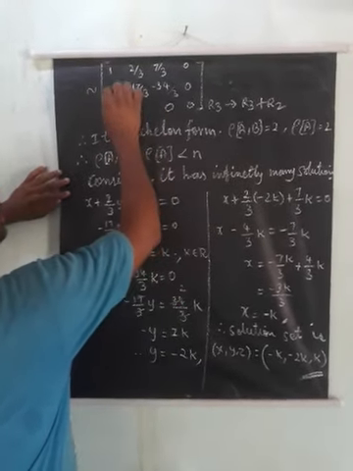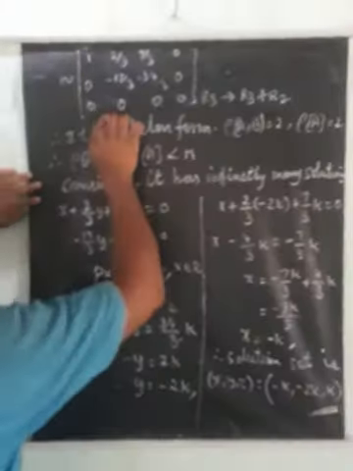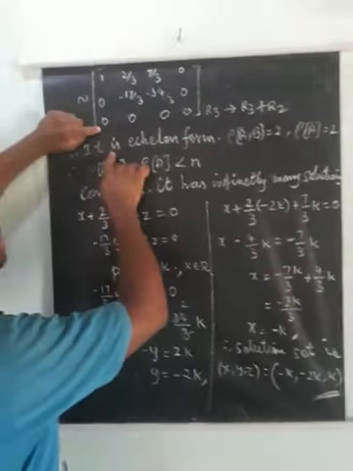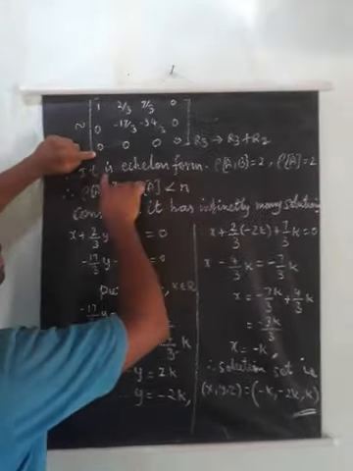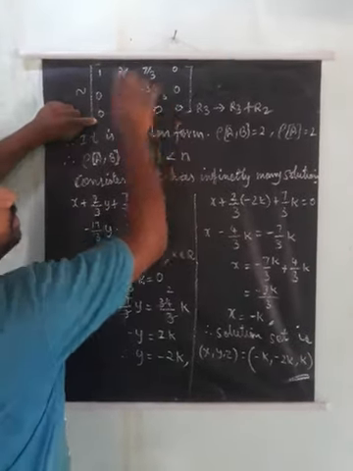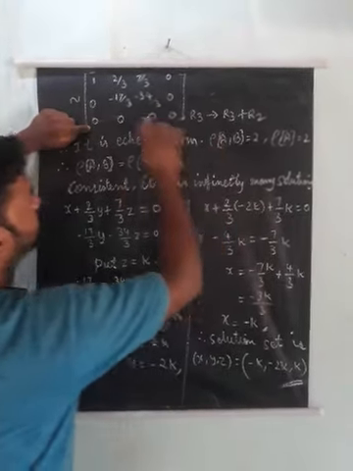So finally we get the echelon form of the matrix, and we check the ranks.